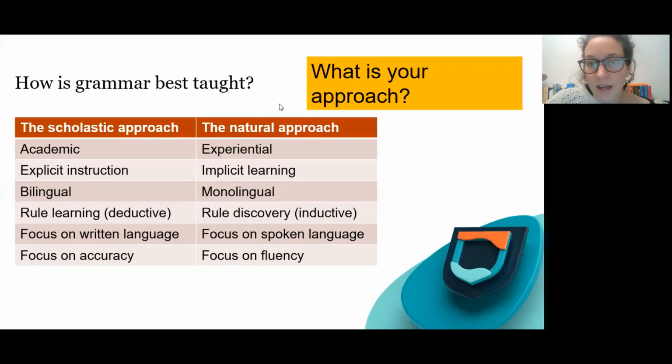And vice versa. If we only teach grammar through explicit instruction, students might not be able to acquire the language, personalize it, and make it their own skill.